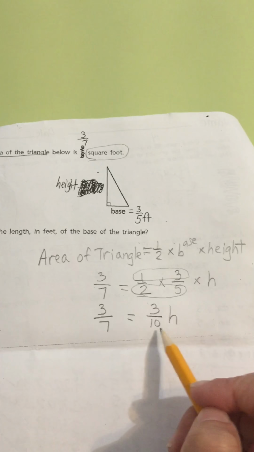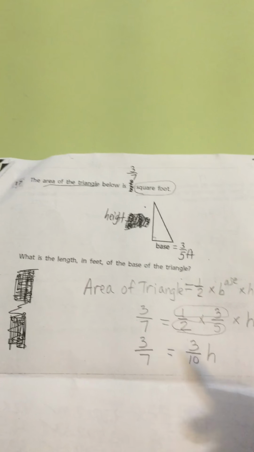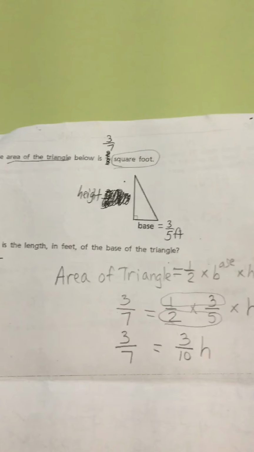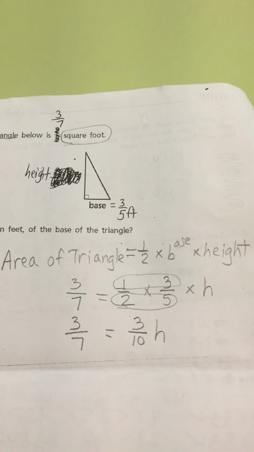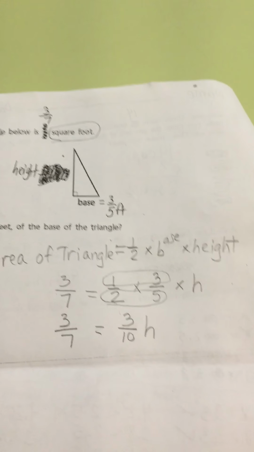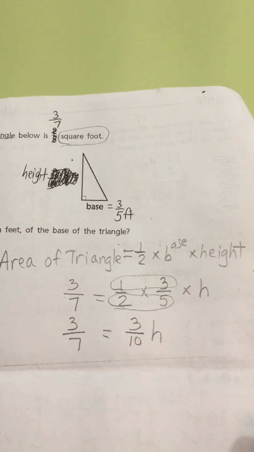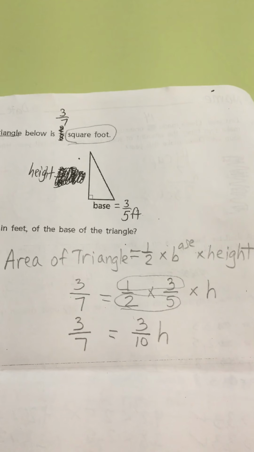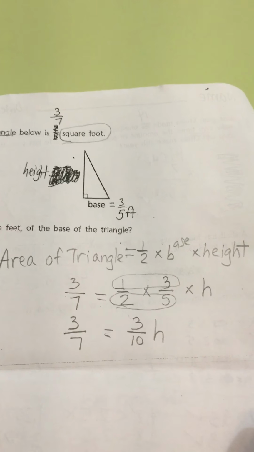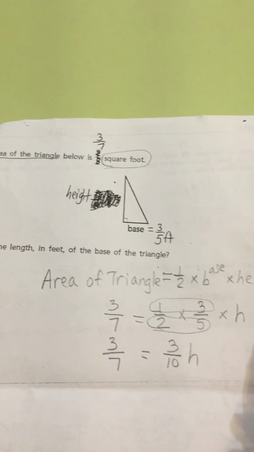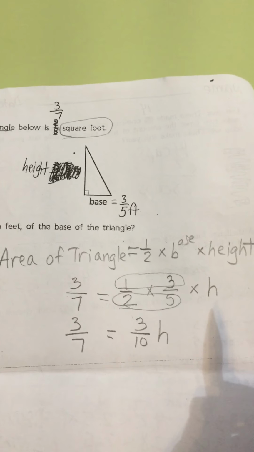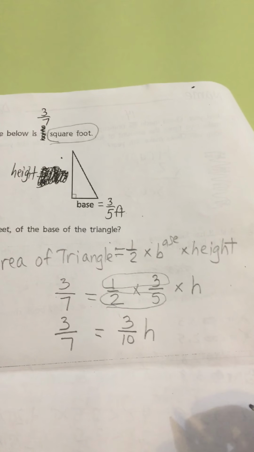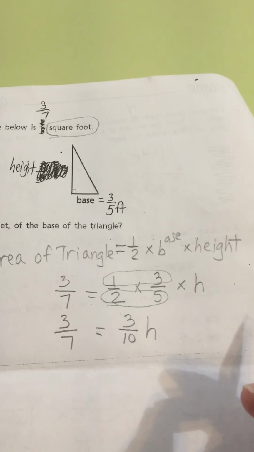The opposite of multiplying is dividing. It doesn't matter if we're dealing with whole numbers, fractions, or decimals. The rule is always the same. You need the variable by itself. So whatever number is attached to your variable, in this case the h, you have to divide both sides of your equation by that number, even if it's a fraction or a decimal.